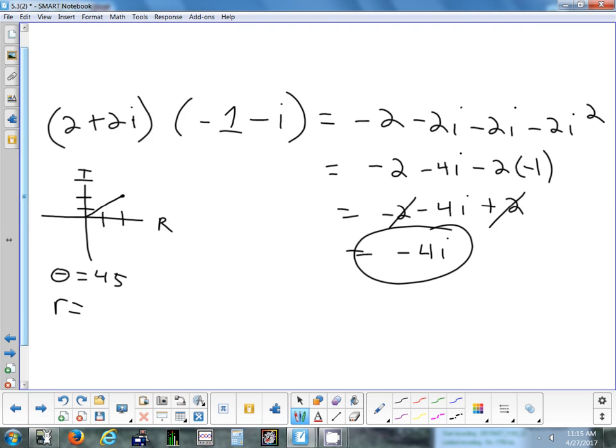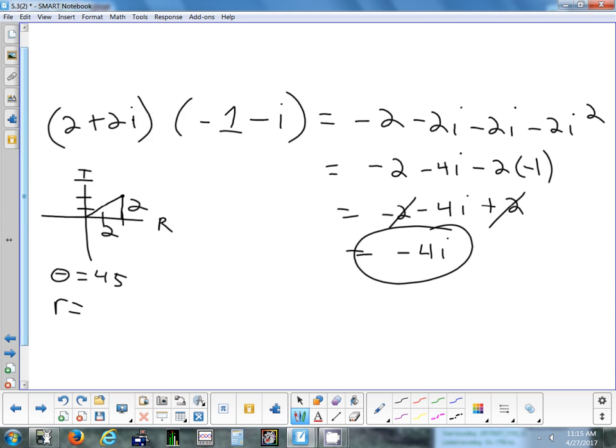And how do you find the radius for this point? If this side is 2 and that side is 2. Yep. Okay. Yeah, go ahead, Jack. Yeah, it's the Pythagorean theorem.